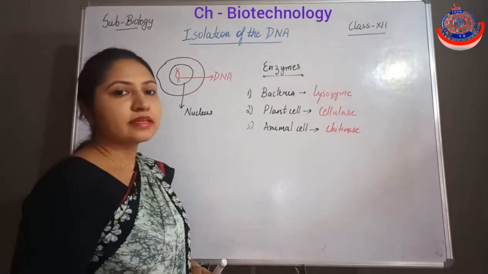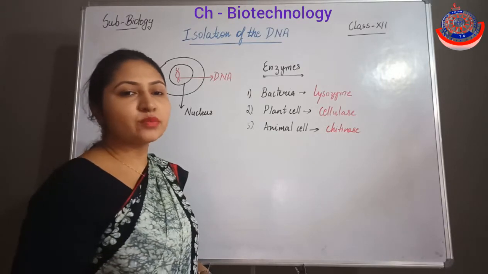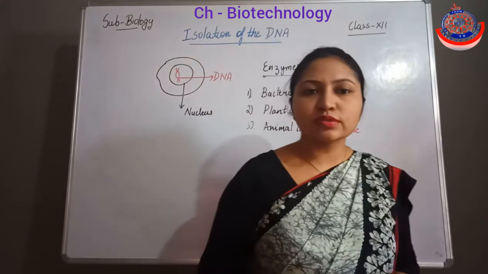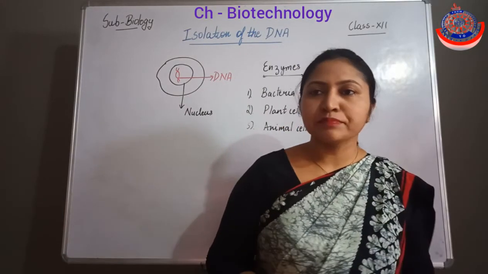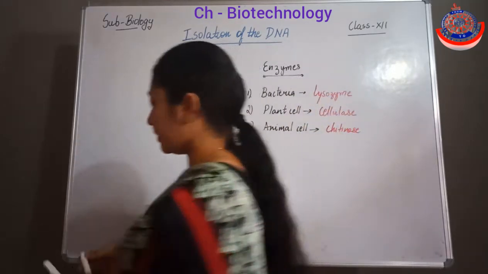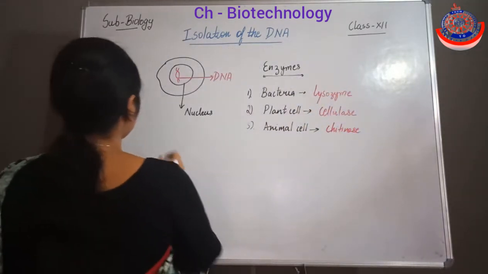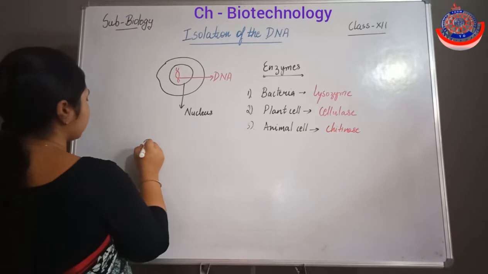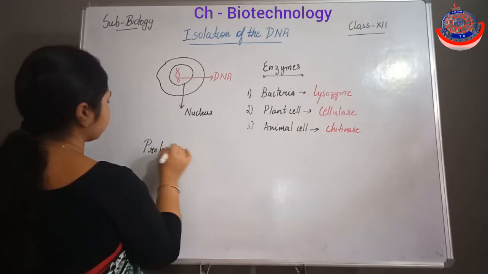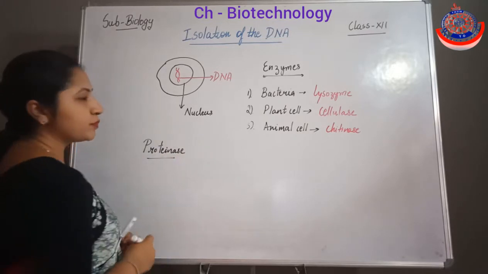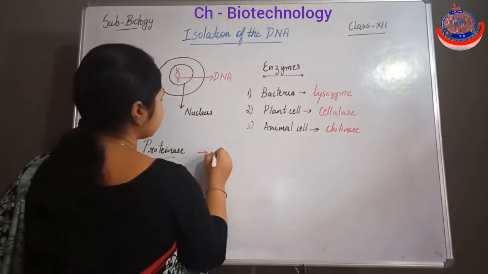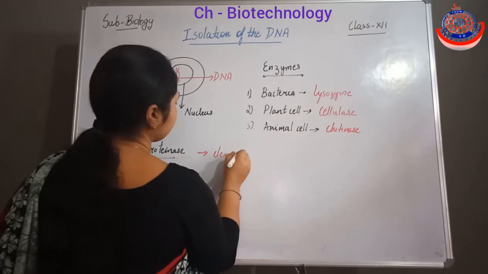Now next, DNA is associated with several proteins also, in the form of histones. So how are these proteins separated? These are separated by the action of the proteinase enzyme. The proteinase enzyme cleaves the protein.